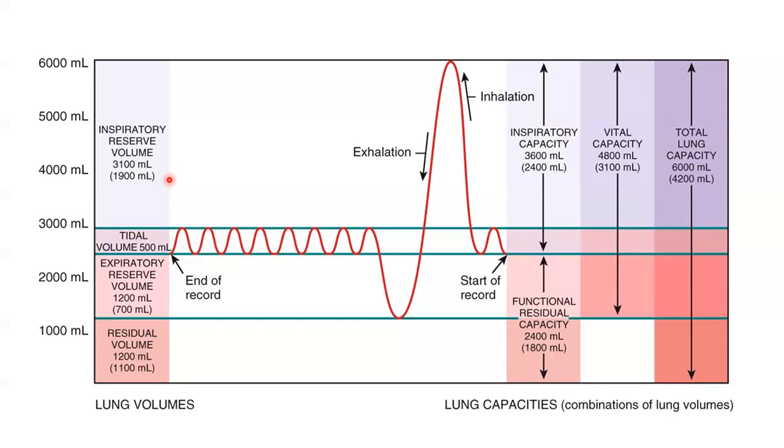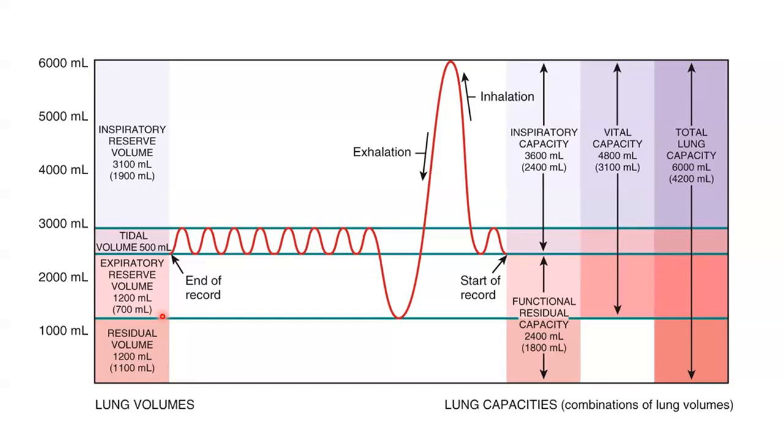Similarly, if you breathe out beyond just a normal breath out, you can get significantly more air out than our 500 millilitres. This volume is called our expiratory reserve volume, and is 1,200 millilitres in males and roughly 700 millilitres in females.